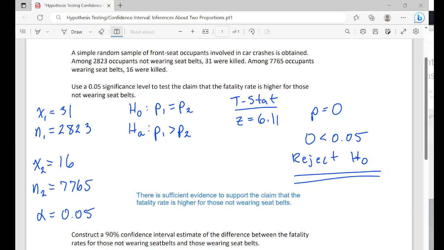So when we reject the null, we can say it was sufficient evidence because we're testing the claim that the fatality rate is higher for those not wearing a seatbelt. So since we're rejecting, that means we're accepting this as the most likely answer. And that is what the claim says up here, so there is sufficient evidence to support the claim.